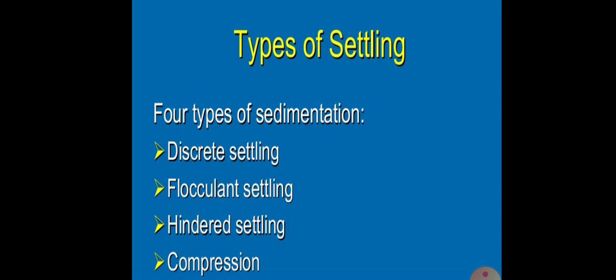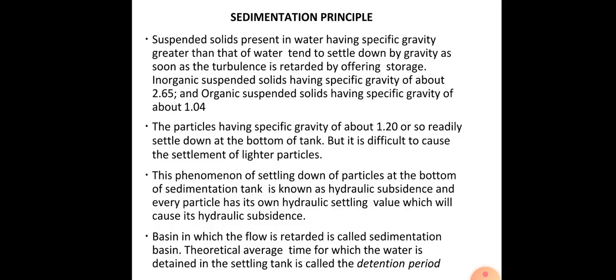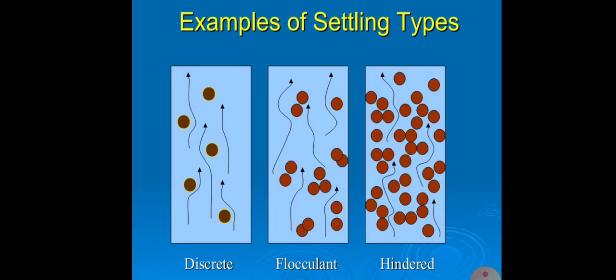Now coming to the next type of settling, that is flocculent settling. In this case, the individual particles will stick together and form clumps, which we call a floc. This occurs when there is a greater concentration of solids, and also due to various chemical or biological reactions which alter the particles' surface, and that leads to attachment of the particles amongst themselves.